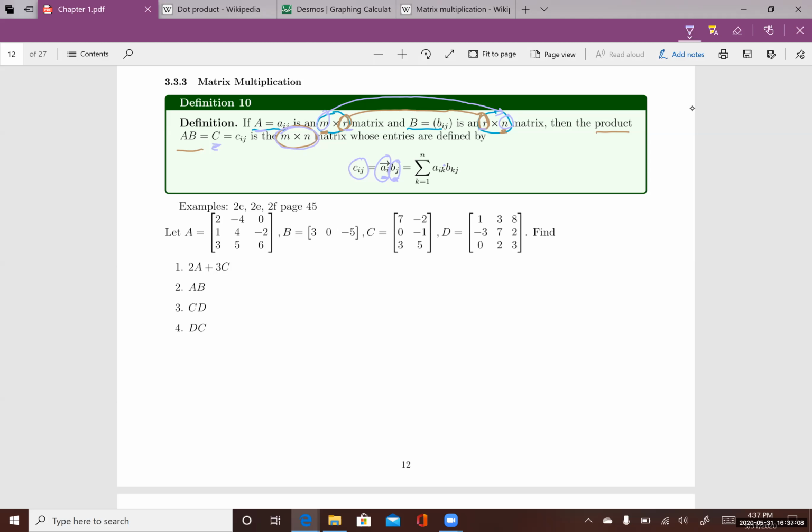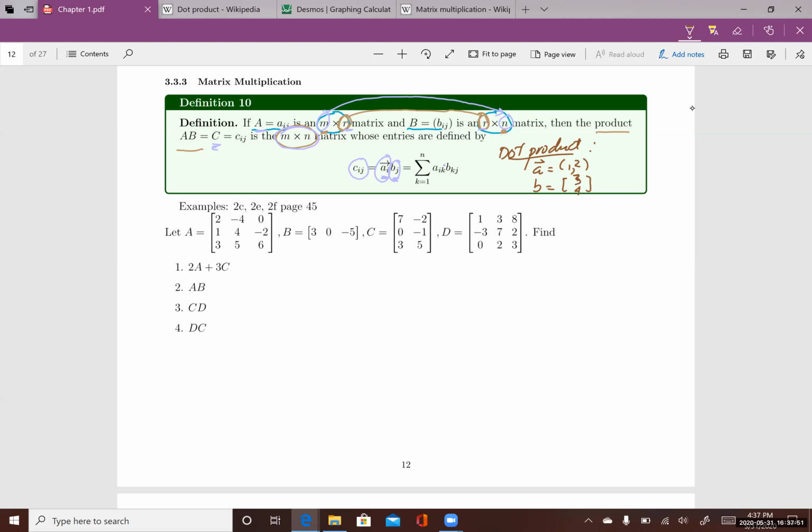So let's talk about the dot product real quick. For example, if I have a vector A as a row vector, 1, 2, and I have a column vector B, 3, 4.